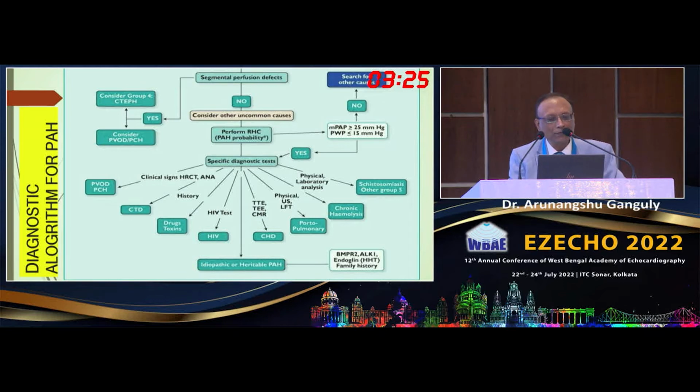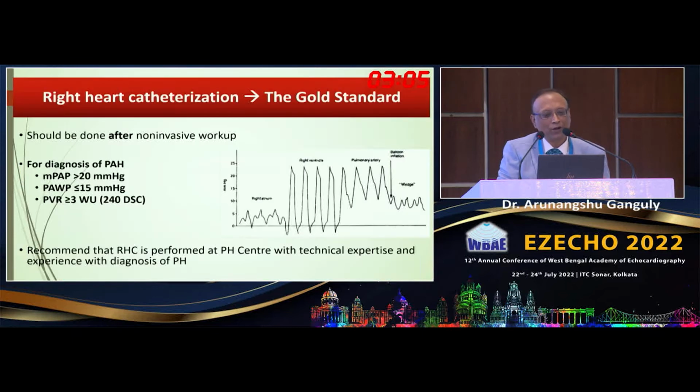You test for TTE, TEE, CMR, which gives you congenital heart disease. The physical examination, ultrasound, gives you portopulmonary causes. The lab gives you schistosomiasis, chronic hemolytic anemia. If nothing is there, it's idiopathic. So this is how you approach to diagnose a case of pulmonary hypertension. But the gold standard remains right heart catheterization.